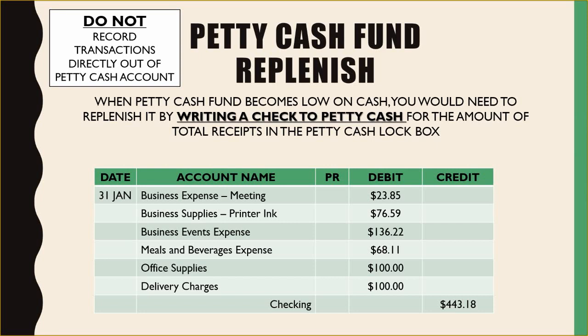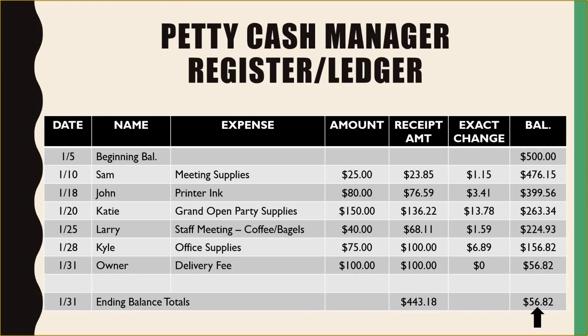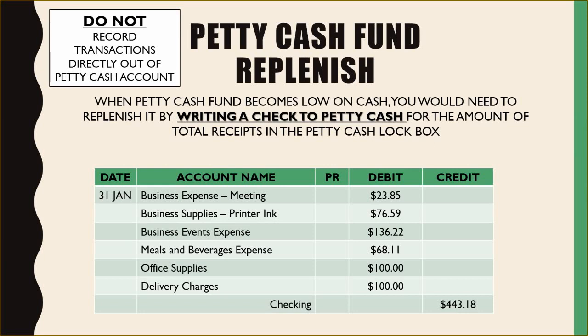So that's the rule of thumb here. When you replenish your petty cash drawer, this is where you recognize all of your business transactions. Notice this: we had transactions on the 10th, the 18th, the 20th, the 25th, but we don't recognize them until January 31st, because those minor business expenses will eventually get recorded.